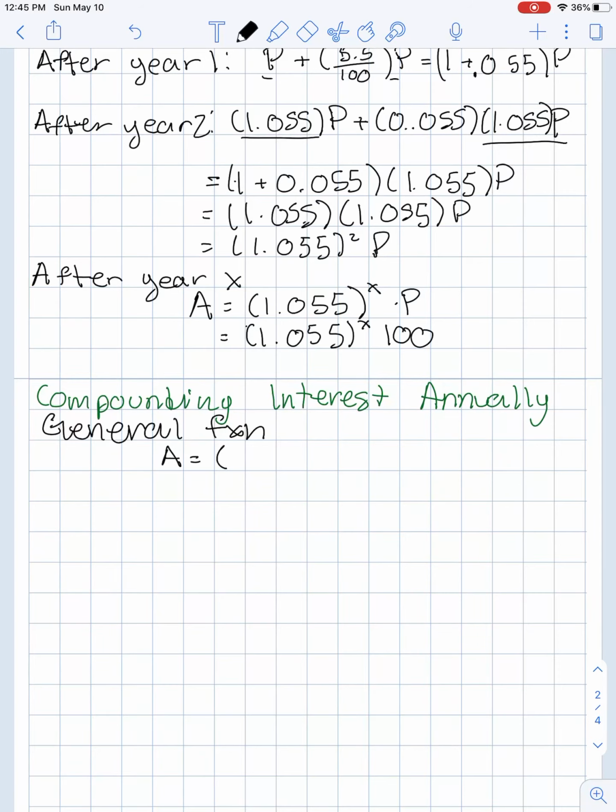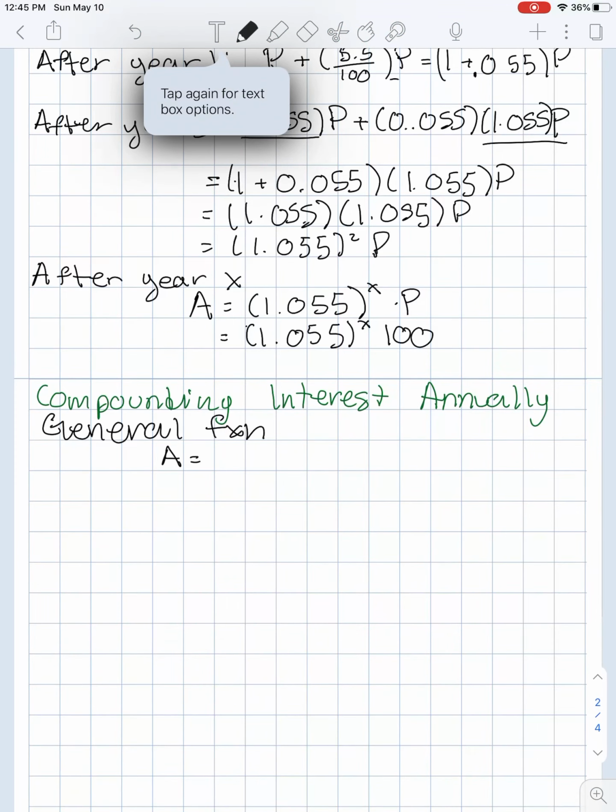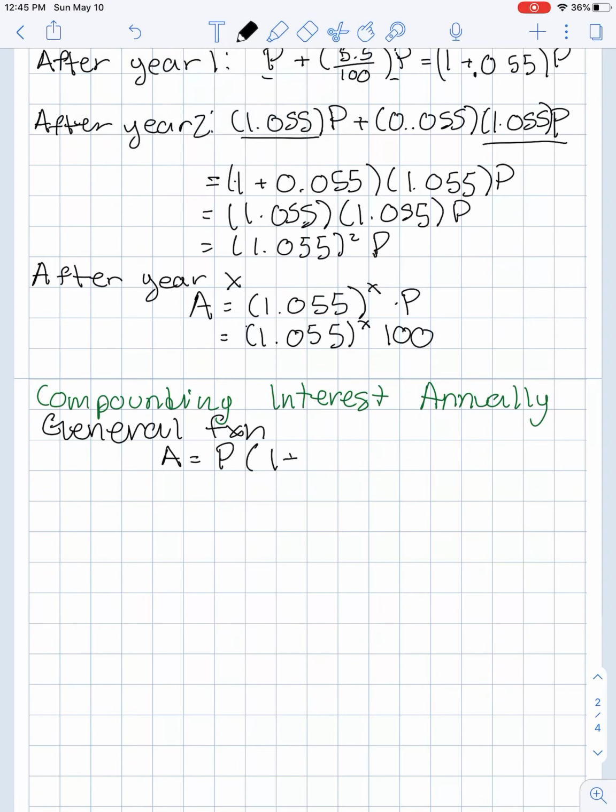We're going to have A equal to our starting value, P, our starting investment, times 1 plus r to the x.